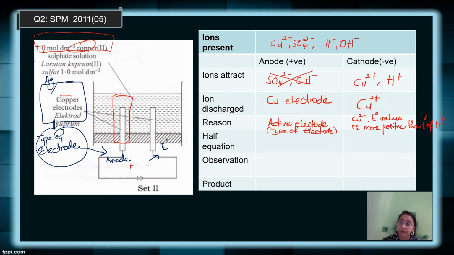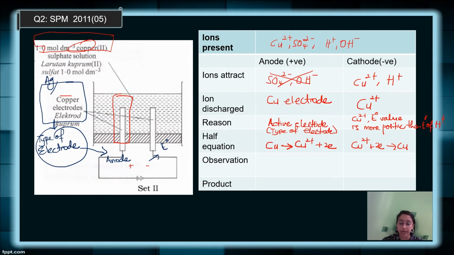We already identified for the anode that copper is going to discharge. So as I told you, because copper is active, it will form the respective ions by donating its electrons. In return, at the cathode, the copper 2 ions will be discharged by receiving the electrons and form the copper atom.